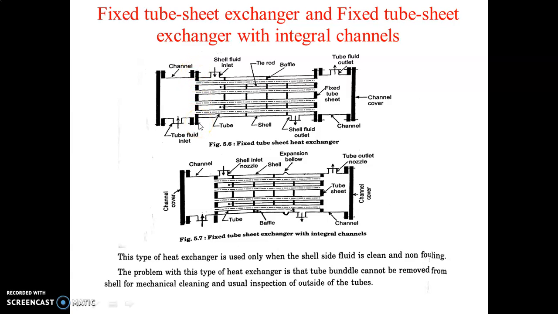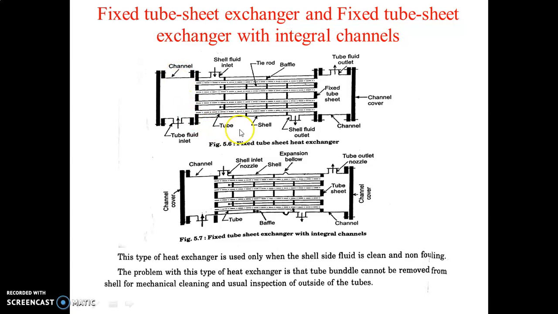That means flanges are used for the connection of piping material or piping equipment. So these flanges have holes, and through those holes we can add nuts and bolts and tighten this area, or this tube sheet.